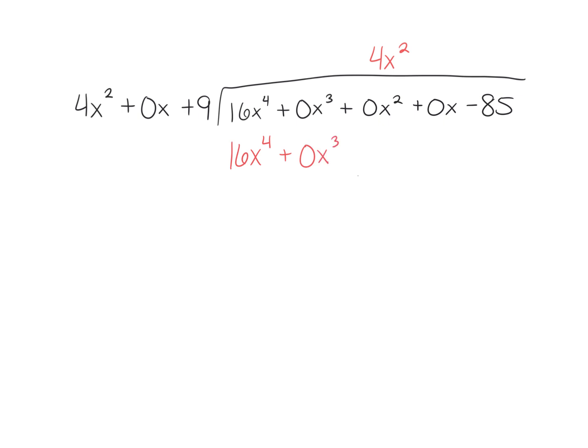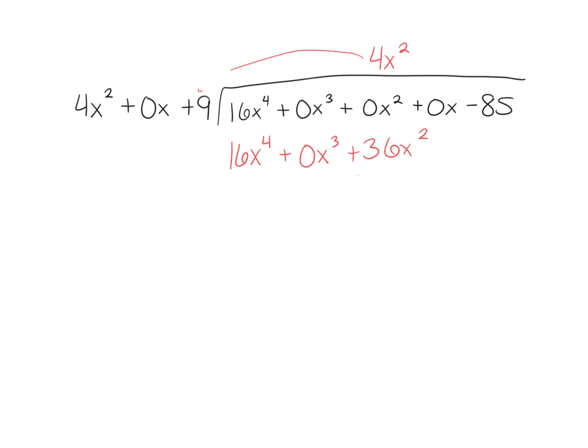Plus 0x squared. Never mind. 9 times 4x squared is 36x squared. There we go.